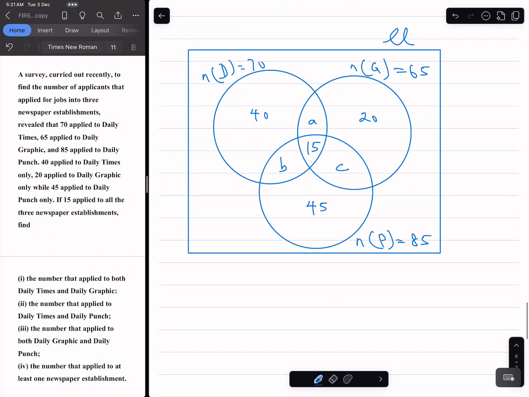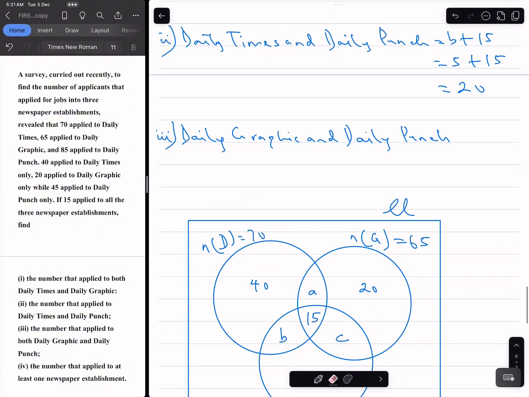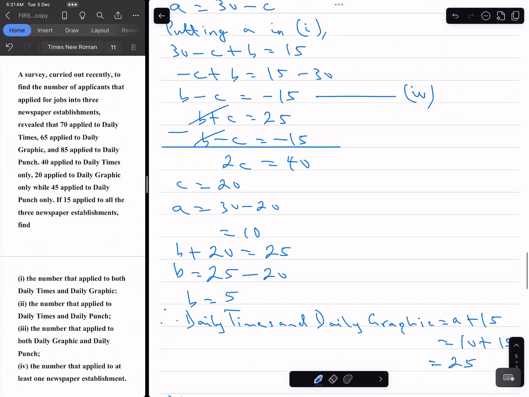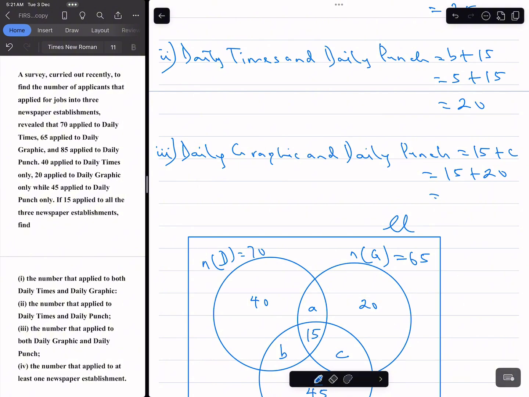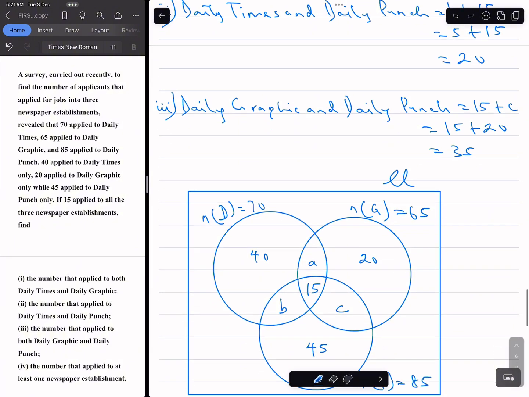That's the whole of this. This is Daily Graphic and this is Daily Punch. So that's 15 plus C. What is C? C is 20. 15 plus 20 is equal to 35.